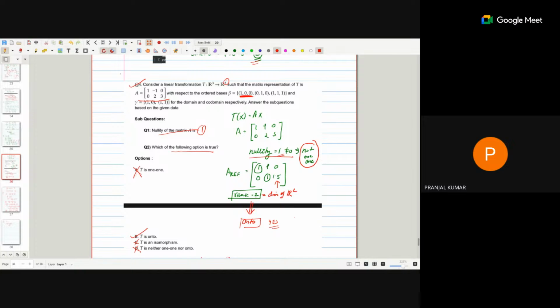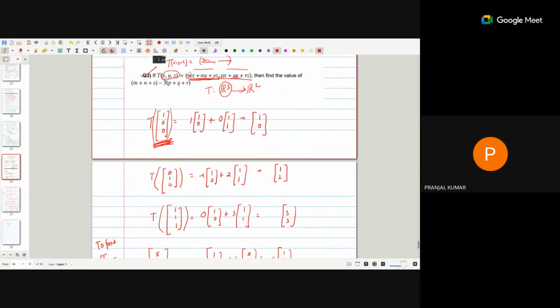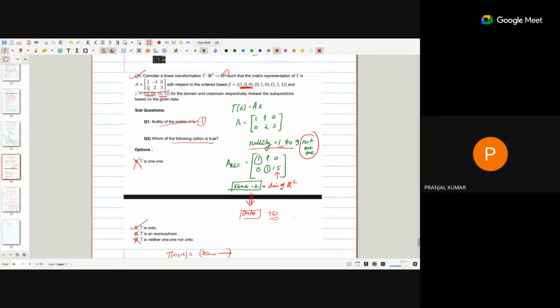You know that T of 100 would be 1 times 10 plus 0 times 1. Yes or no? That's how that matrix came, right? Then there is -1, 2.